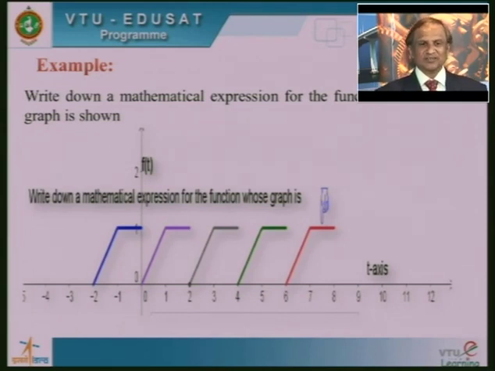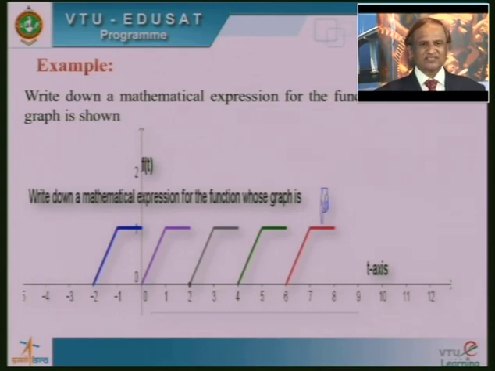Observe the graph. All the color graphs look similar. When you observe the violet color graph, it is passing through the origin. Actually, it contains two straight lines: one between 0 to 1, and from 1 to 2 a horizontal line corresponding to 1 on the y axis, or on f of t.